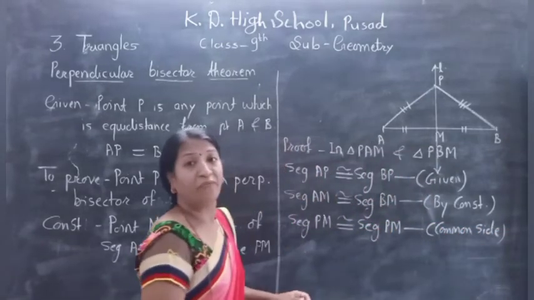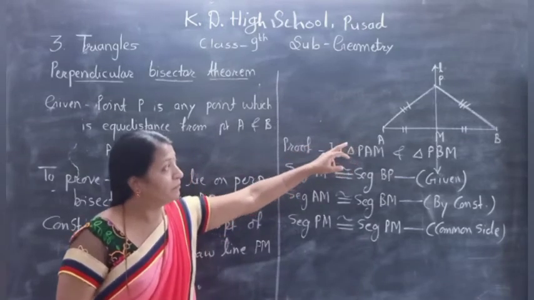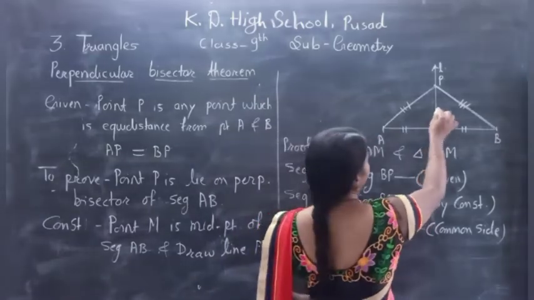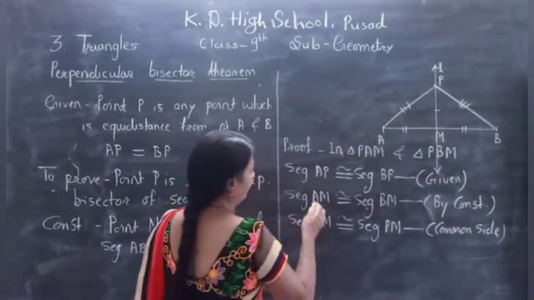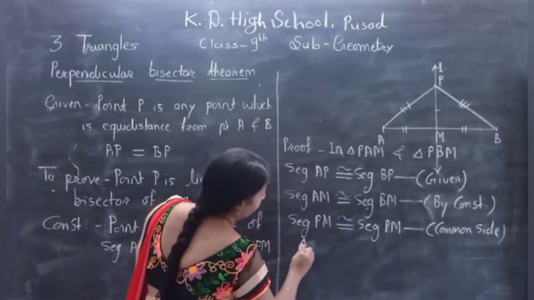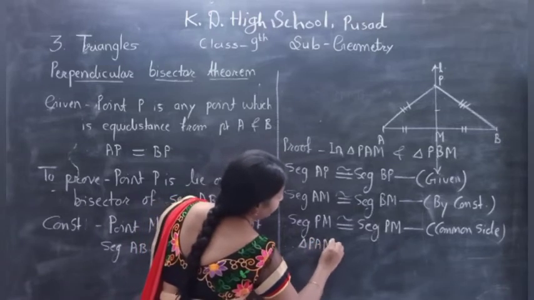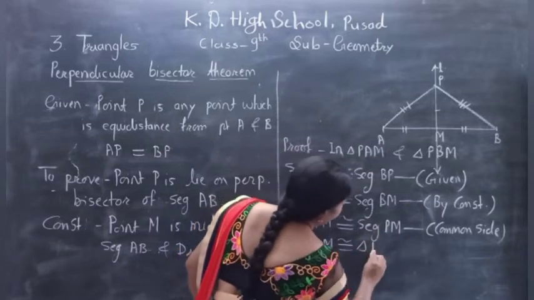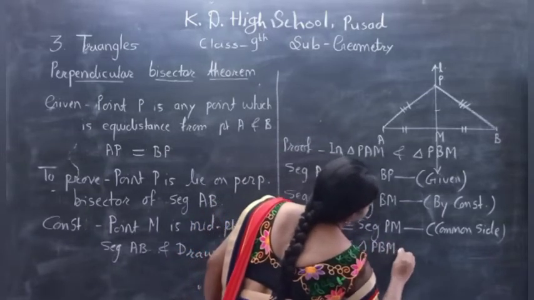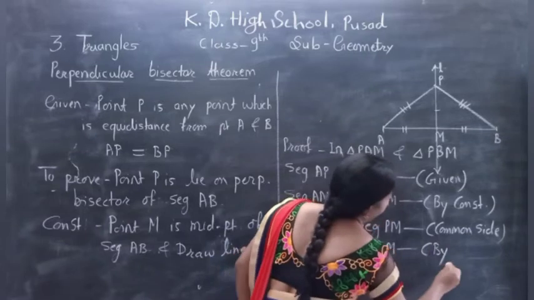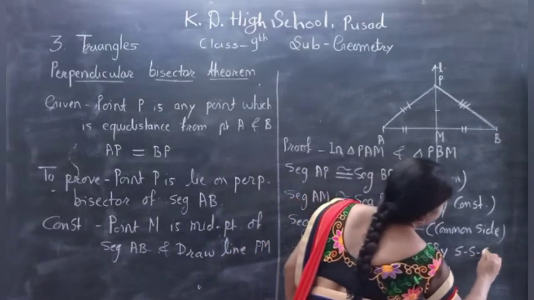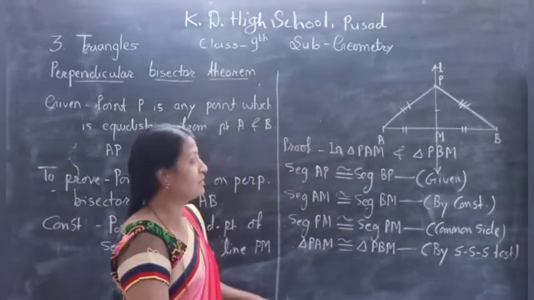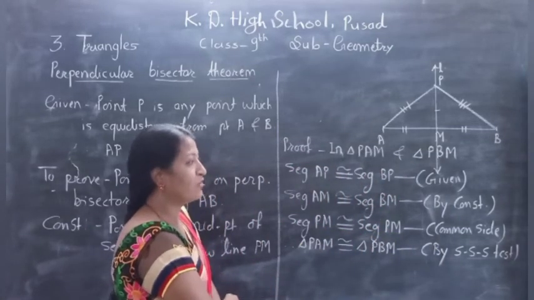Therefore triangle PMA is congruent to triangle PMB. Whatever name we used for triangle PAM, we will write the same here. Triangle PAM is congruent to triangle PBM by the SSS test of congruence. Now if two triangles are congruent, their corresponding angles are also congruent.